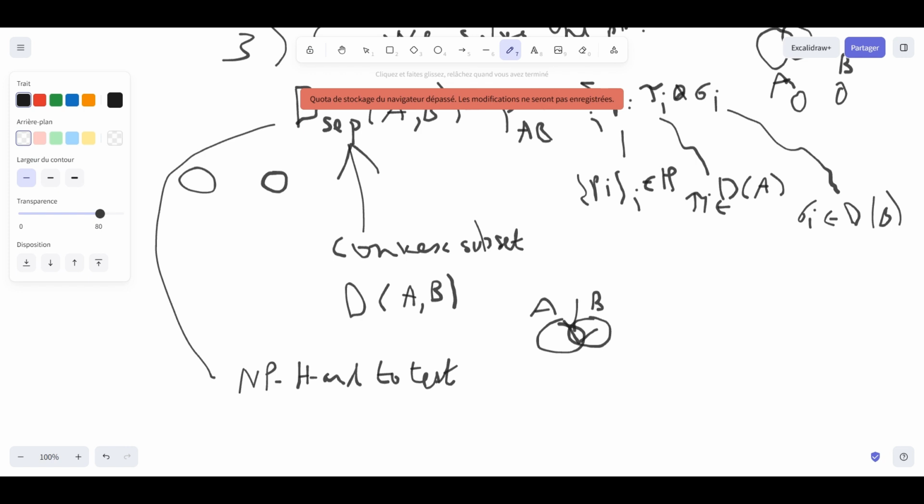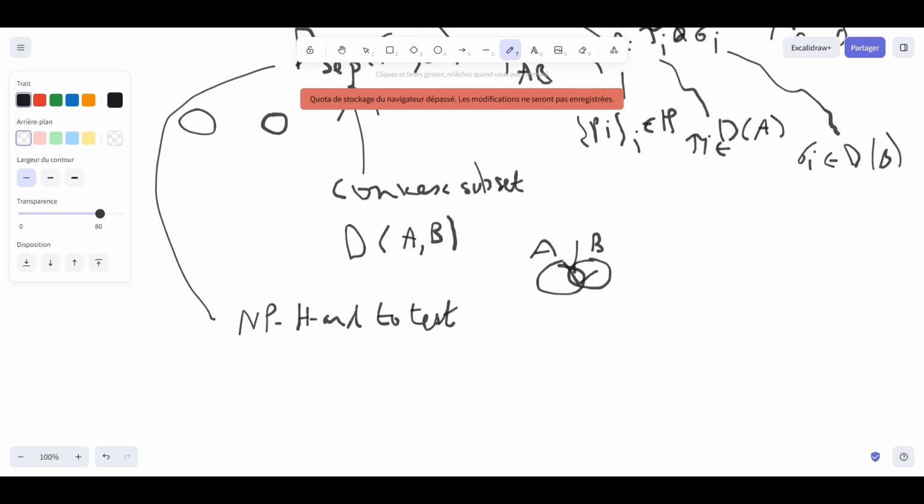In complexity theory, most of the time you try to understand NP in comparison to P, where P are polynomially solvable problems and NP are not polynomially solvable, and NP-hard is even harder than NP.